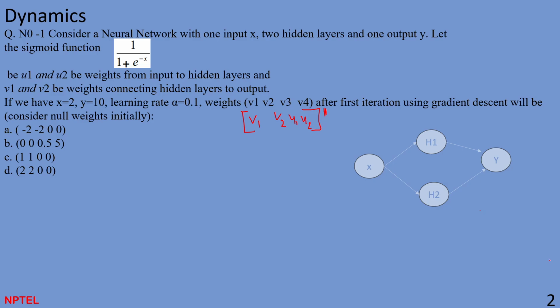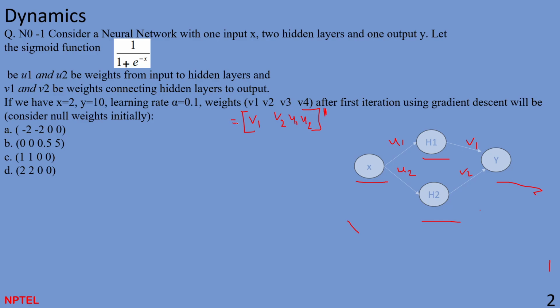This is our input, this is our output, and these are our two hidden layers. The weights are u1 here, u2 here, v1 here, v2 here. If you have any question, please do ask me. You can interrupt me at any time.